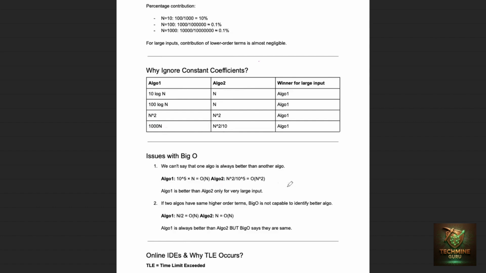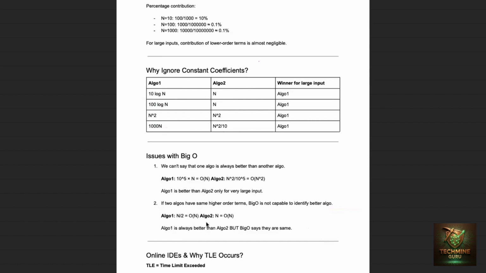So there is always an issue with BIGO regarding this kind of scenario when constant coefficients are very high. Also, if two algos have the same higher order terms, BIGO is not capable of identifying which one is the better algo. Suppose algo 1 is n by 2, which gives us BIGO as O of n, and algo 2 is n. We are saying that algo 1 is always better than algo 2, but BIGO says they are the same, right?